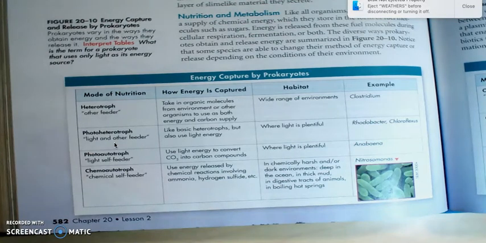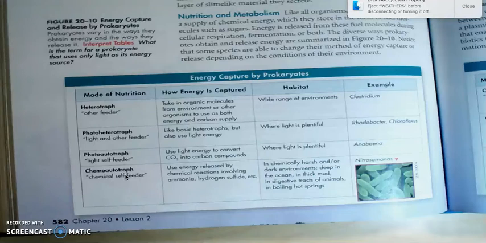Remember when we talked about photosynthesis, carbon fixation, light is used in the light energy, the light cycle of photosynthesis to convert that carbon dioxide into useful compounds in the Calvin cycle. So this is what photoautotrophs do. Autotroph means self-feeder, auto, self, troph, feeding. So they use light to make their own food.